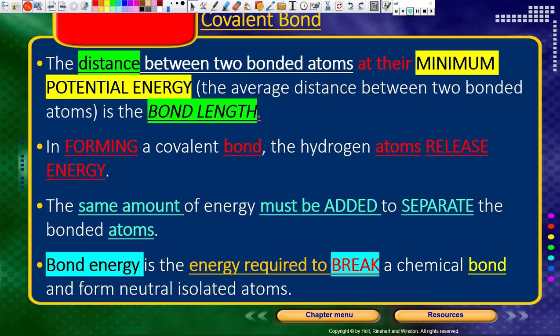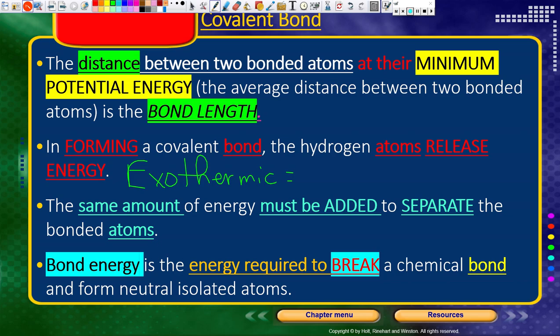So what does that matter? Forming a covalent bond, the hydrogen atoms release energy. This is a good point. What type of reaction was it when we released energy? Everybody remember? Very first unit. It's exothermic. Does anyone remember the sign of delta H?